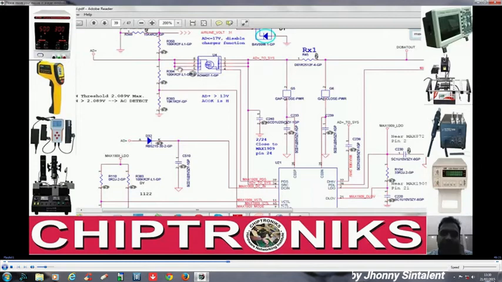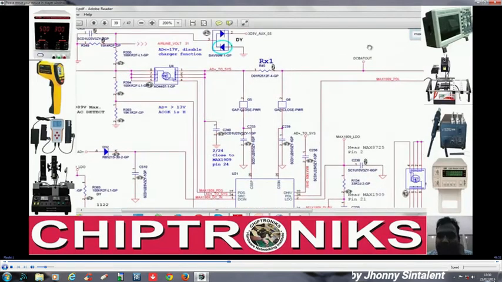Here the input is connected to the drain, so it will act like a diode, so this AD plus will come across this point, right? It will become AD sys, and this AD sys is becoming DC bat out, right?